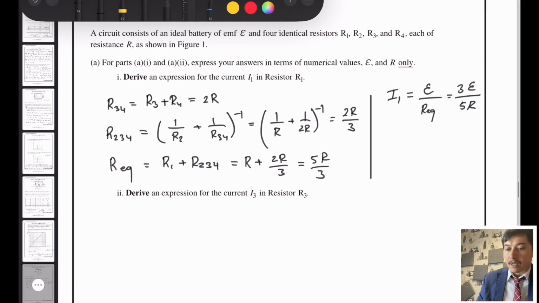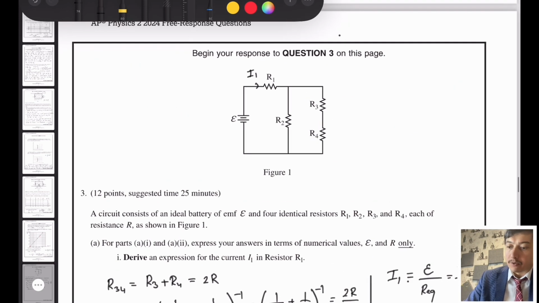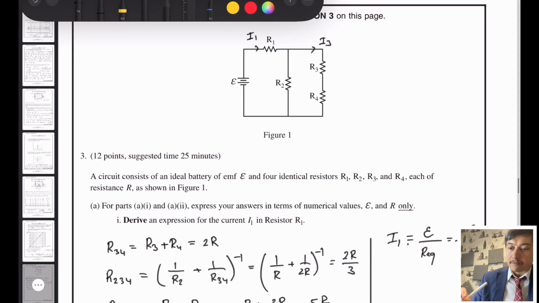Next, derive an expression for the current I3 in resistor R3. So we have to find what is the current passing through R3. Now, before going on, let's define some potentials.